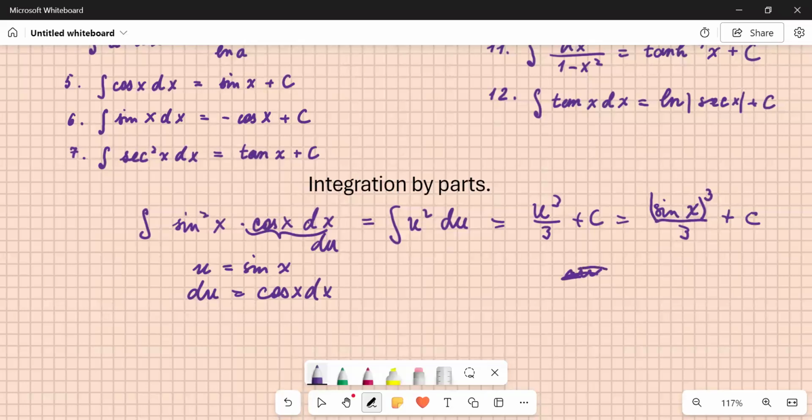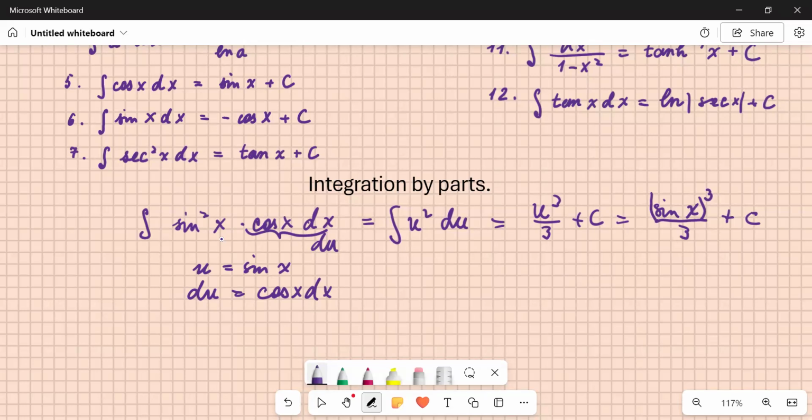And the substitution rule is inversing the differentiation of a composition. When you differentiate a composition of two functions, you differentiate the inner function and then you differentiate the outer function, and multiply them, right?